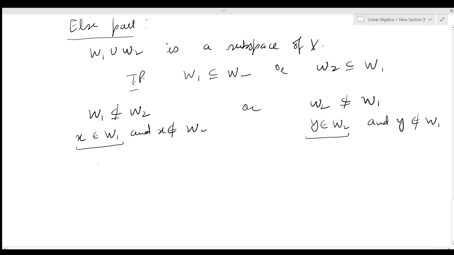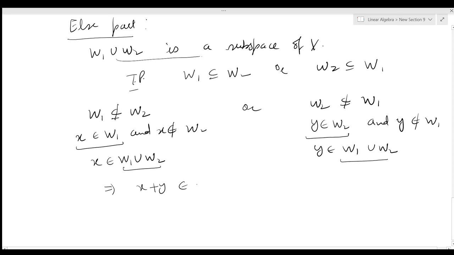So we can write x belongs to W1 union W2 and y belongs to W1 union W2. Since W1 union W2 is a subspace, as given here, we can write x plus y belongs to W1 union W2.